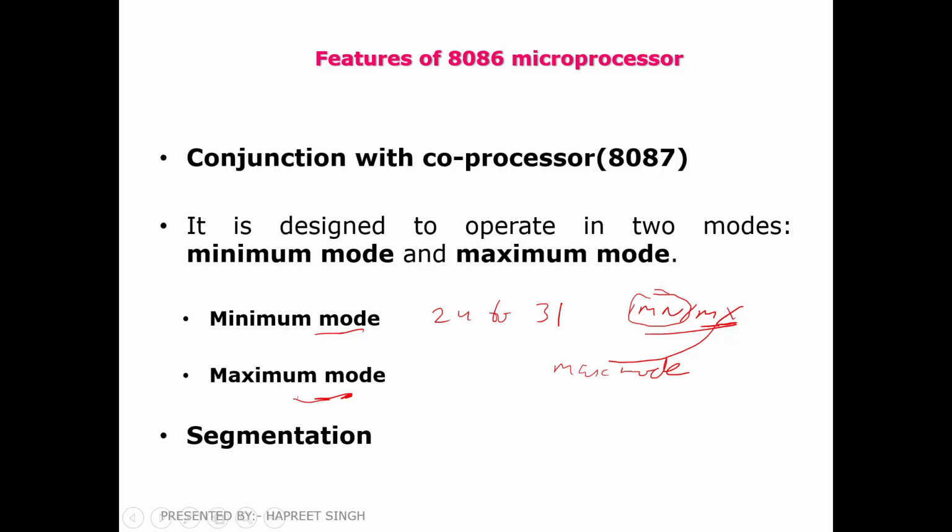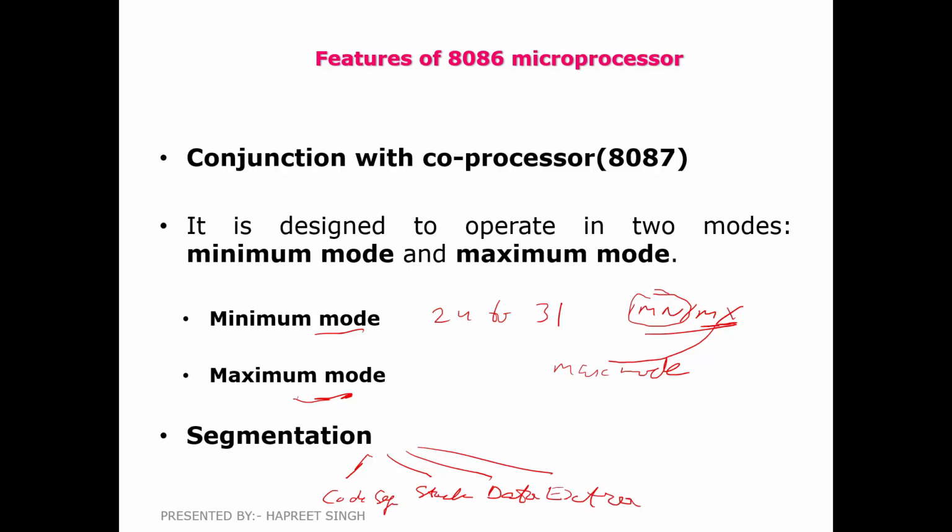Next is segmentation. What do you mean by segmentation? Segmentation means dividing the memory into logical components. Here the memory is divided into 4 parts. First one is the code segment, second is the stack segment, third one is the data segment, and fourth one is the extra segment.